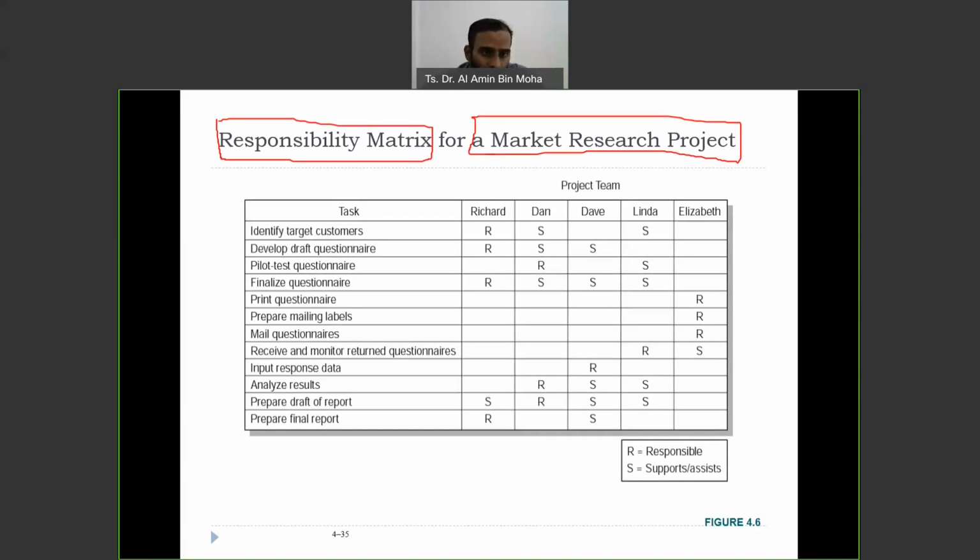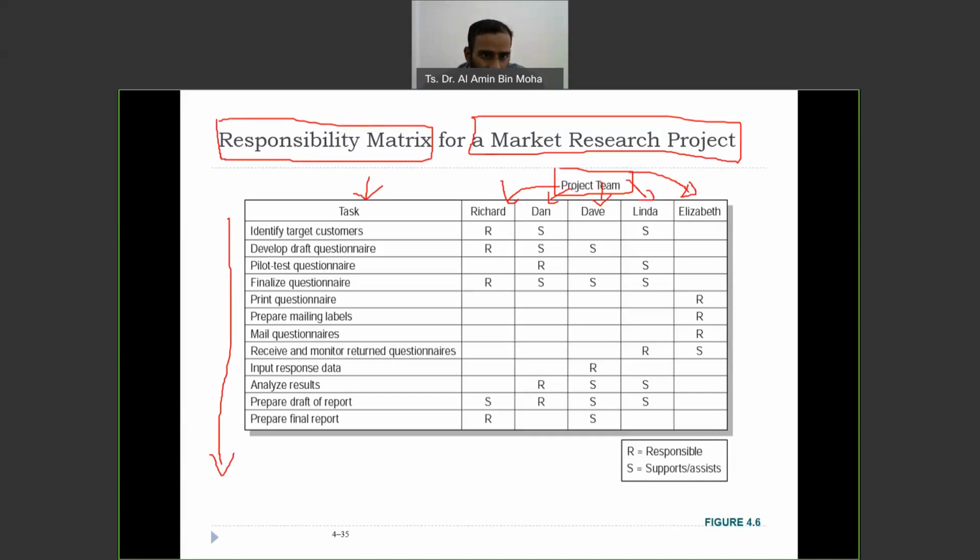Here we can see they have the task list. The list can go up, and here is the project team. Based on individual, here they name the person. As an example, they have 5.